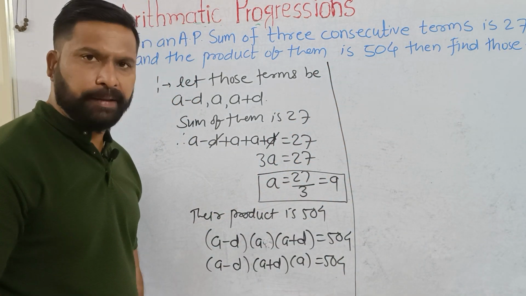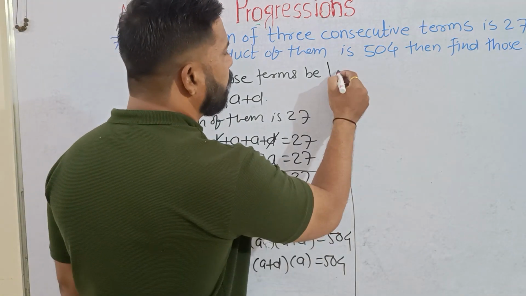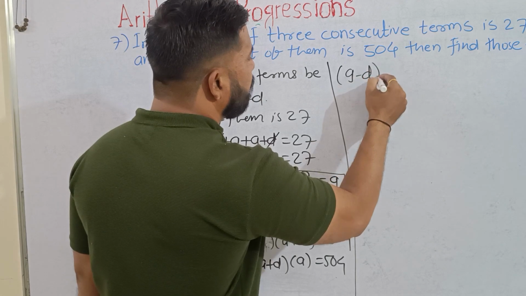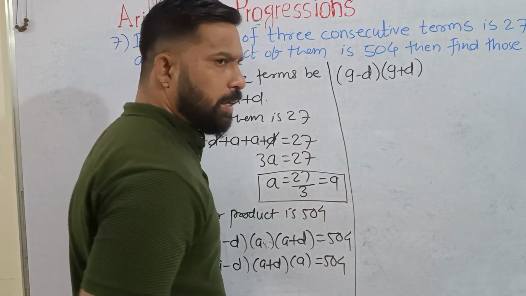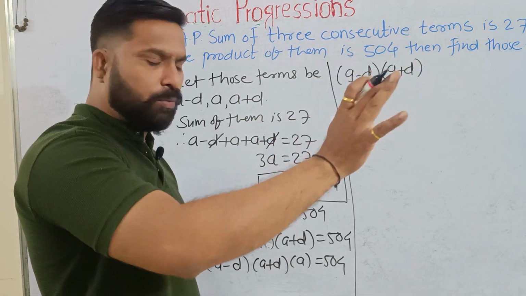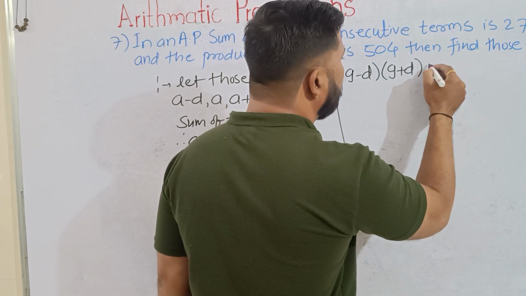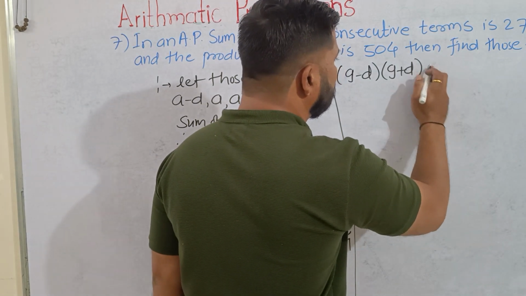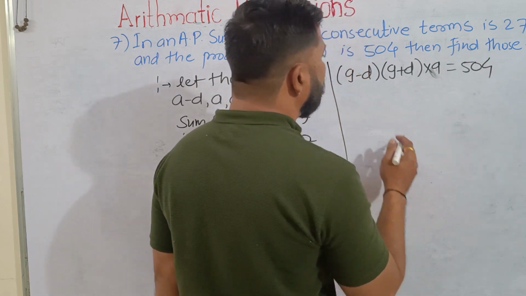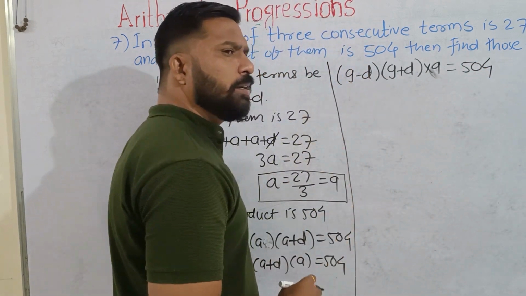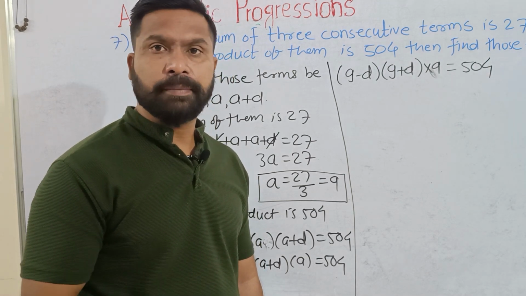What is the value of a if we want to substitute? 9. 9 minus d, 9 plus d into 9. I can send that 9 to the right side if I want to. So 9 minus d into 9 plus d is a square minus b square.